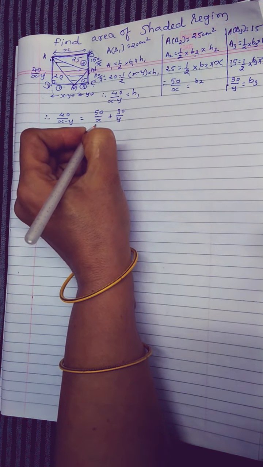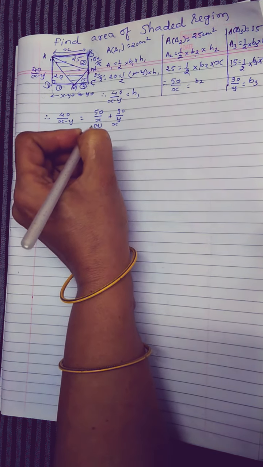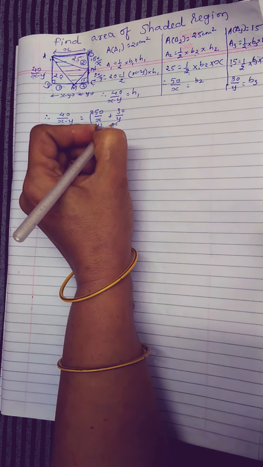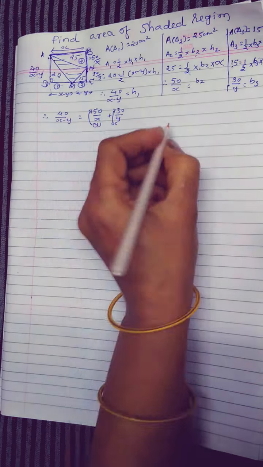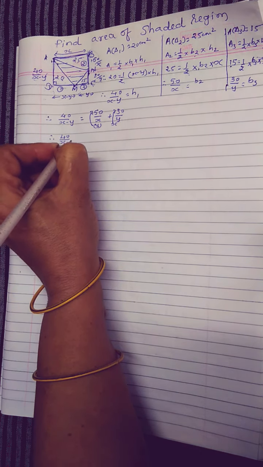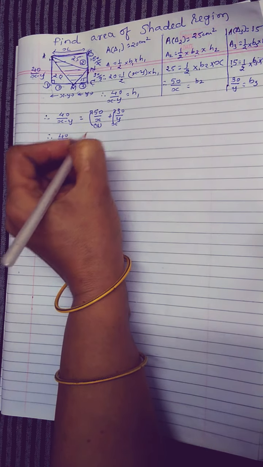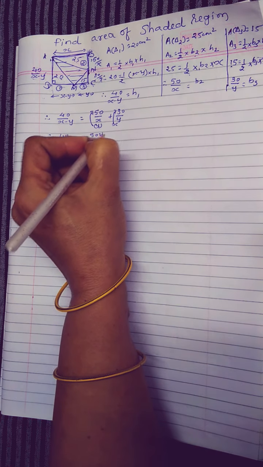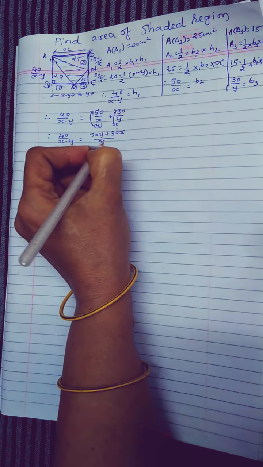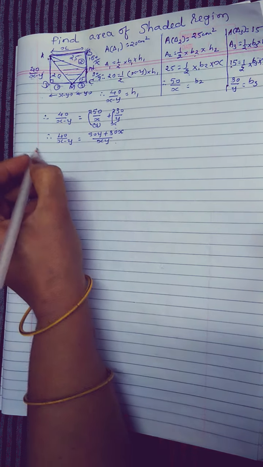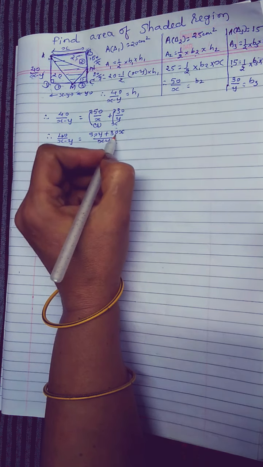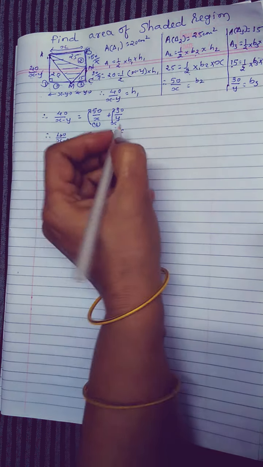Take the LCM, xy. Multiplying, 40 upon x minus y is equal to (50y plus 30x) upon xy. Now in all three, 40, 50 and 30, 10 is common.